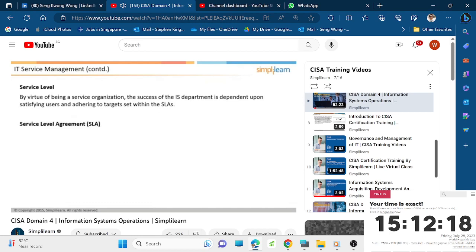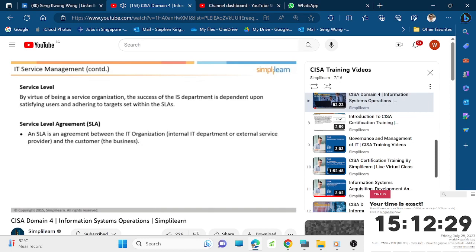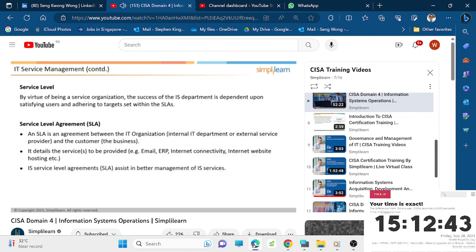A service level agreement, commonly referred by the acronym SLA, is an agreement between the IT organization, internal IT department or external service provider, and the customer, the business. It details the services to be provided, for example, email, ERP, internet connectivity, website hosting, etc. IS service level agreements assist in better management of IS services.